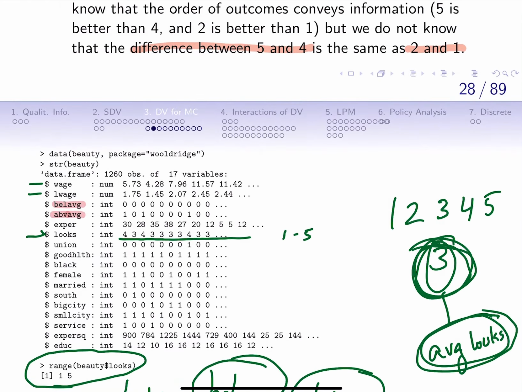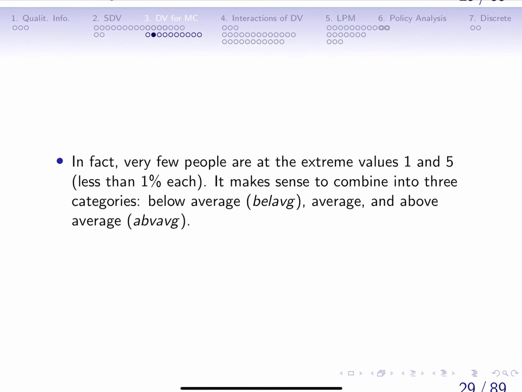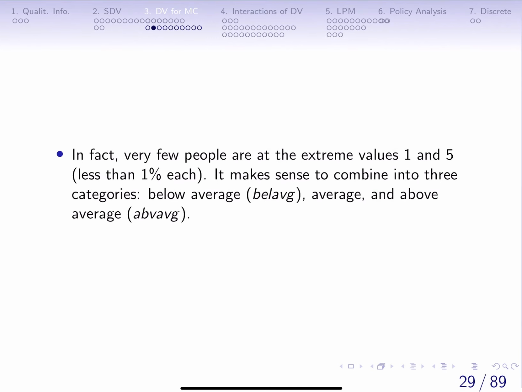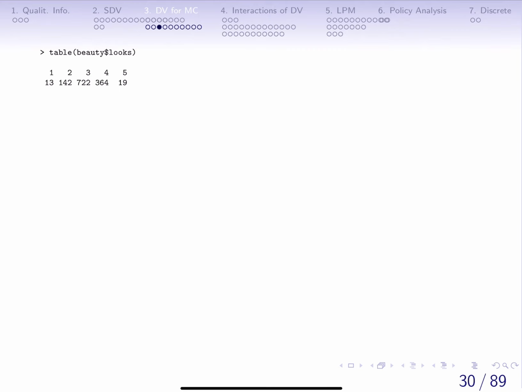Now, when we examine our data set, and you can do this, we can see that very few people are at the extreme values of 1 and 5. So in such cases, it's useful to combine the variables into such categories, below average and above average, right? Here's one way you can capture this.